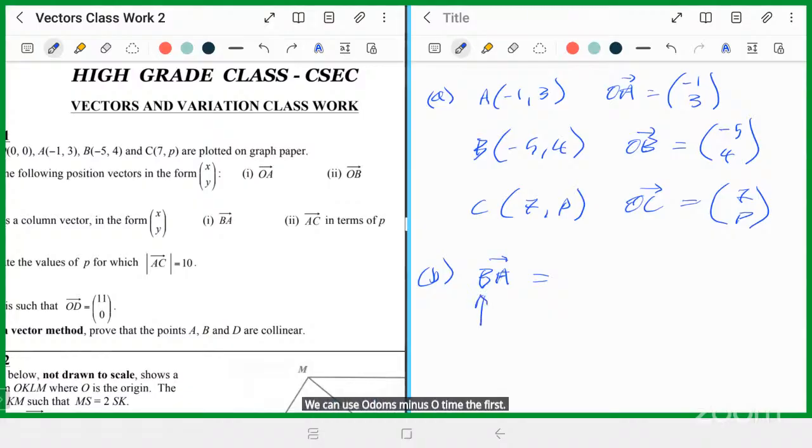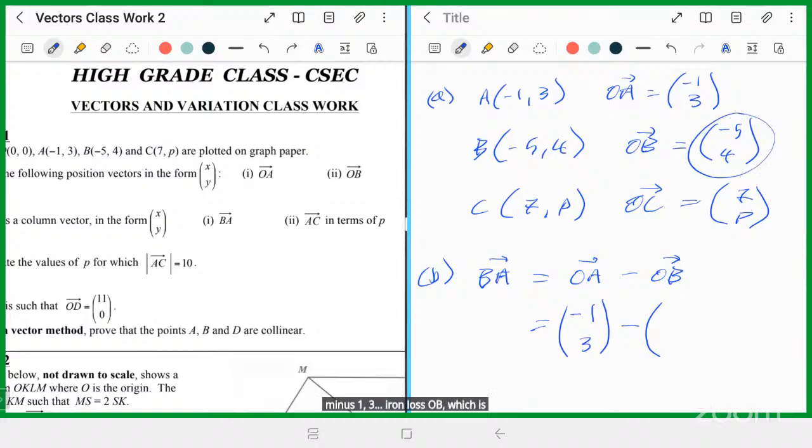B is the first, A is the last. So it's OA, which is (-1, 3), minus OB, which is (-5, 4).